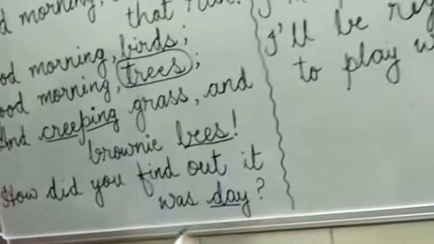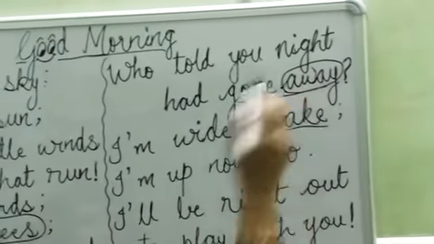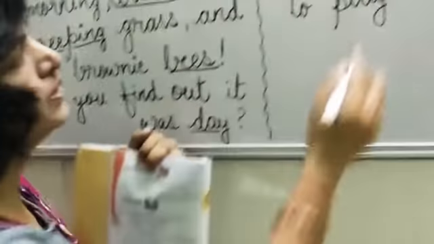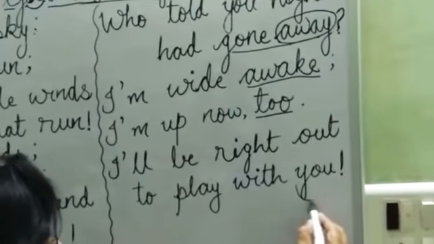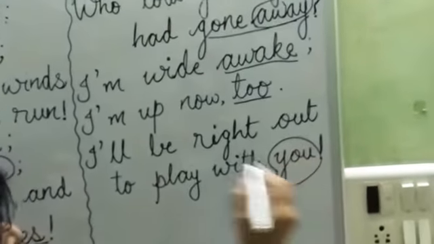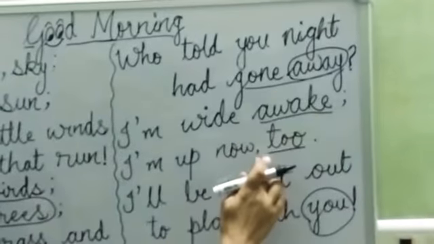Now next word is day, and the rhyming word for day is away. Day, away. Then the next word is two, and the rhyming word for two is you. Two, you. You can hear the same sound. They have the same sound. Bees, trees. Day, away. Two, you.